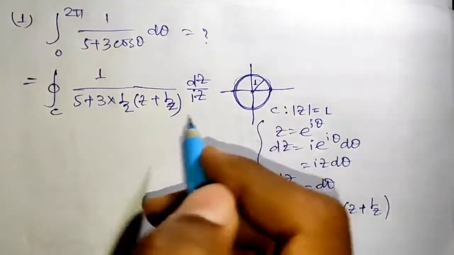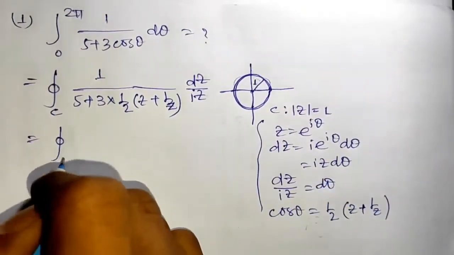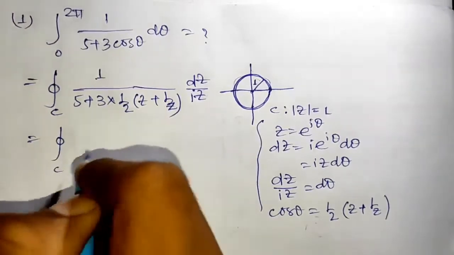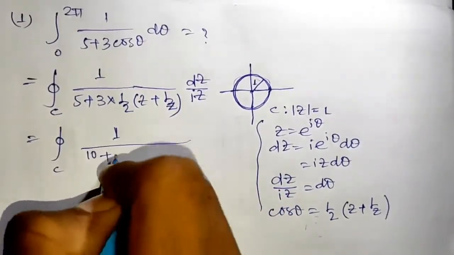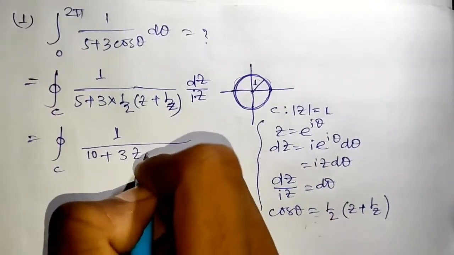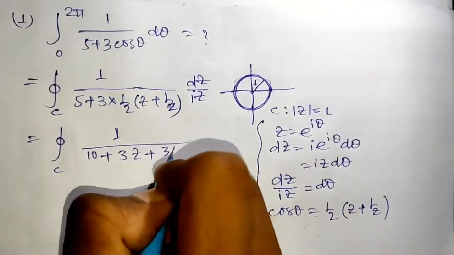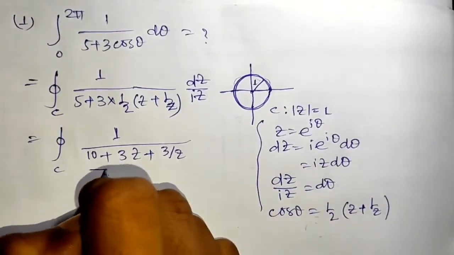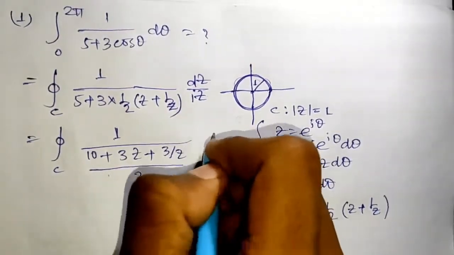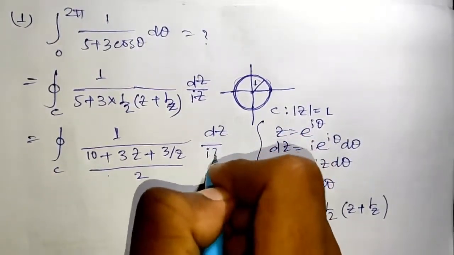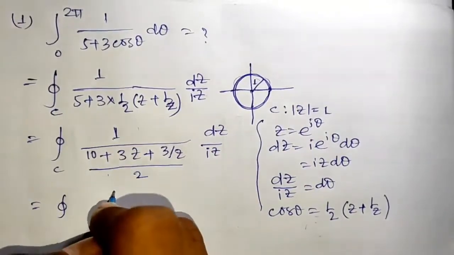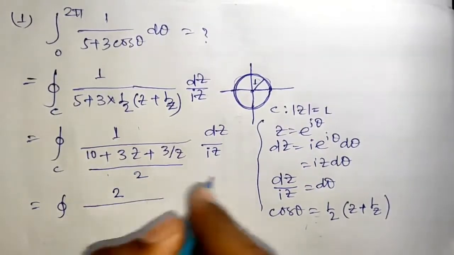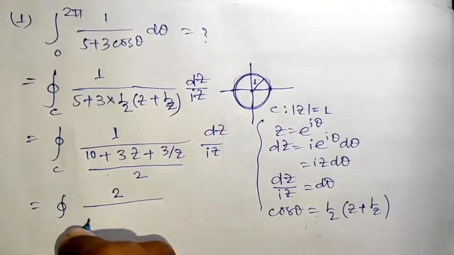Now simplify this equation. Ten plus 3z plus 3 by z, by 2, dz by iz. So this 2 goes to here, and we multiply this z by this.